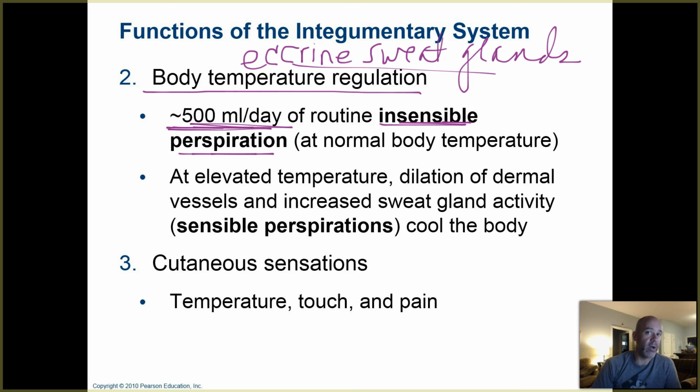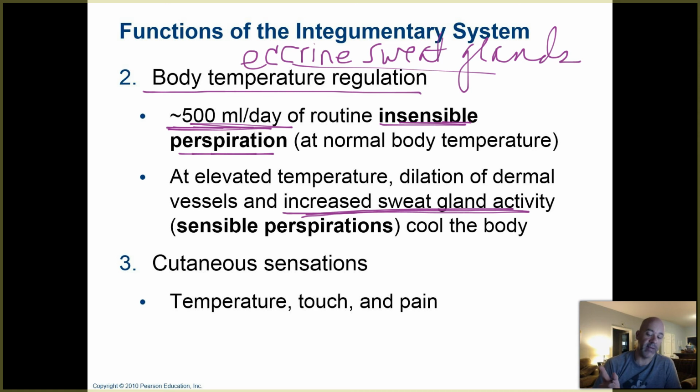So you lose about 500 milliliters of your body fluid per day through that. Now obviously when you get really hot, like you're exercising or it's a hot day, you have increased sweat gland activity. And you guys know that, of course. So you're going to lose even more of that fluid, more fluids evaporating on the surface of your skin that dissipates even more body heat.